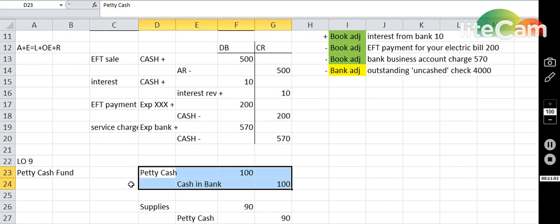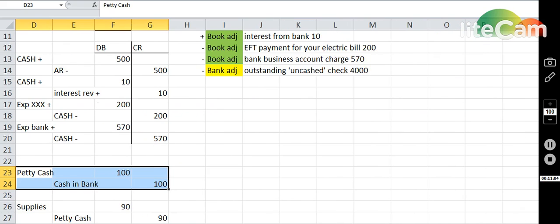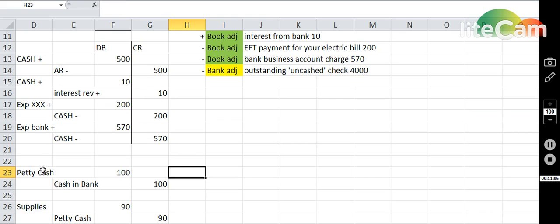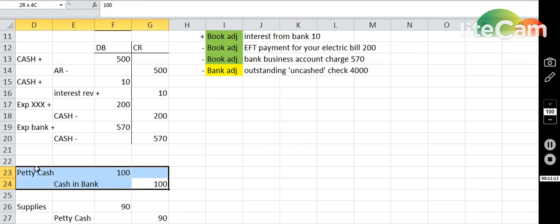Okay. So here we are setting up our petty cash fund. So my petty cash is increasing and my cash in the bank decreasing. So I took money out of my bank to keep in this box or this drawer for special emergency type situations. Okay.